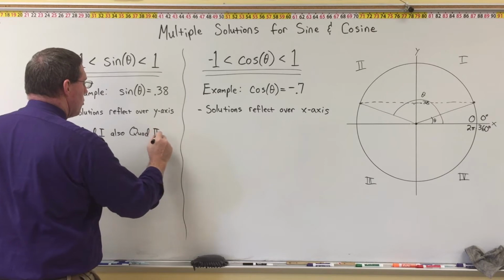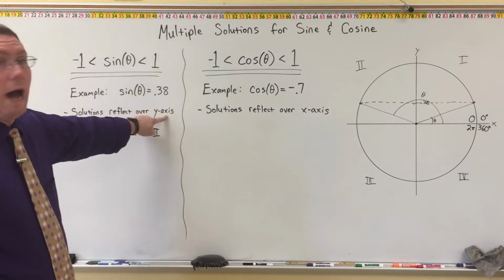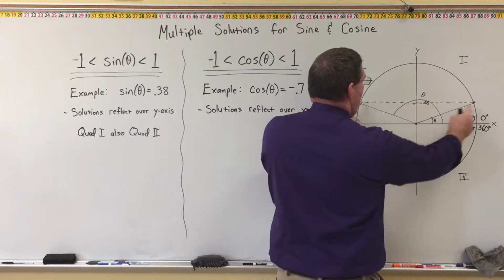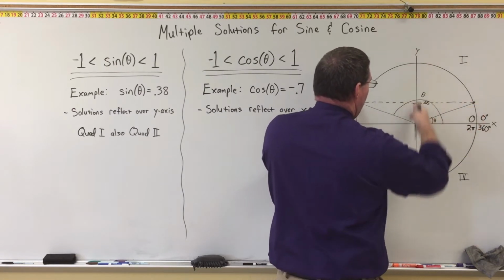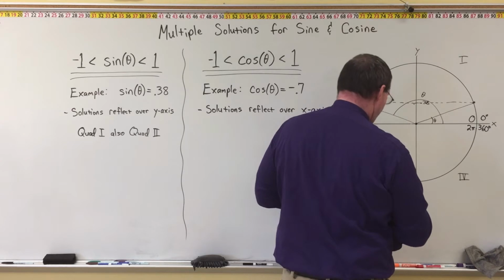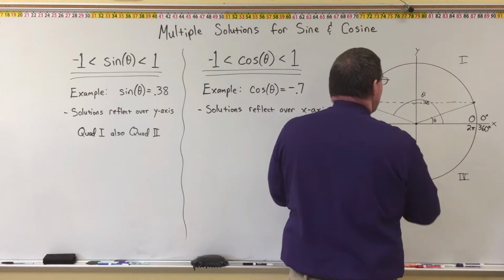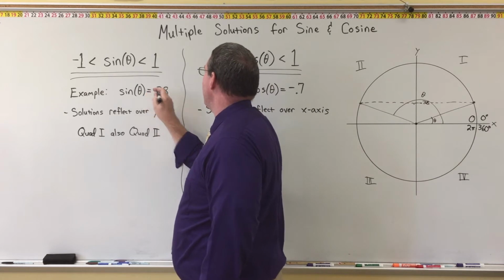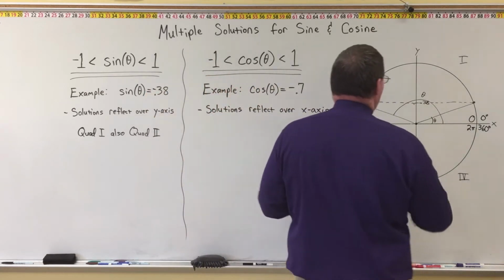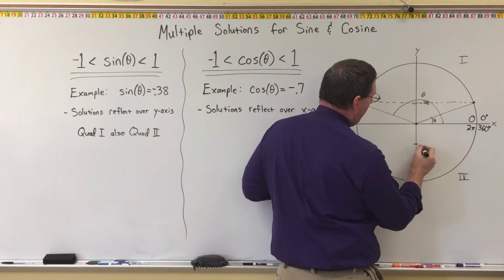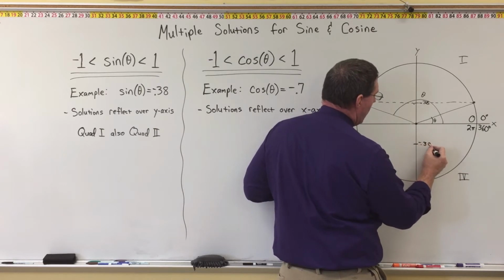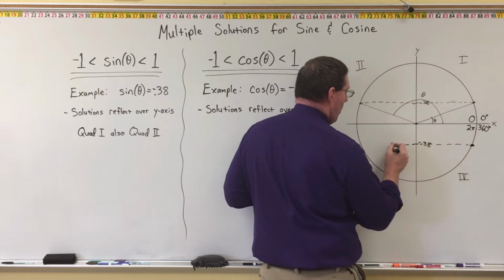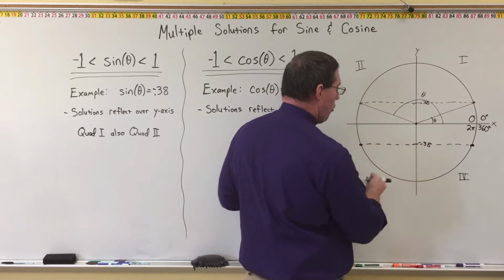The two solutions are reflecting over the y-axis; these two angles are at the two points that are reflecting across the y-axis, okay? Similarly, what if your example was sine of theta is -0.38? Well, -0.38 is down here, and we would have two solutions: one in quadrant 4, and the other in quadrant 3.